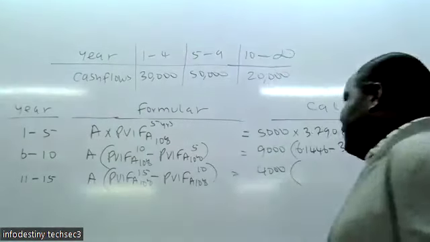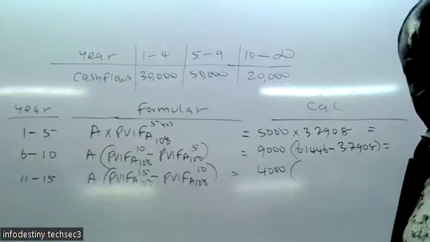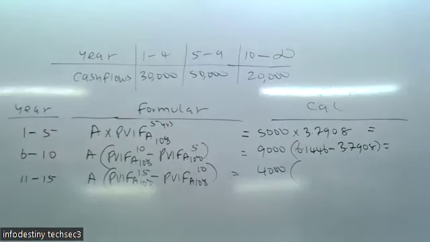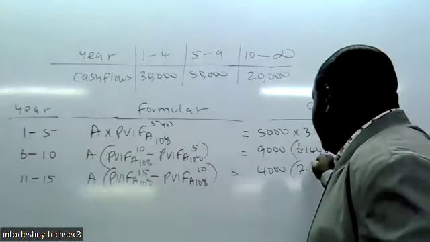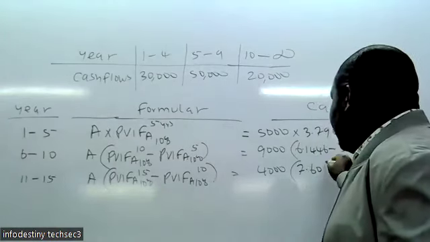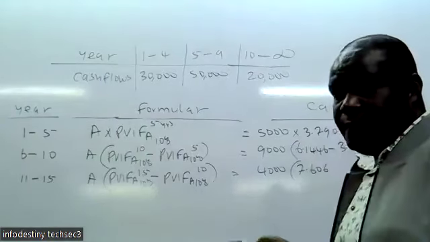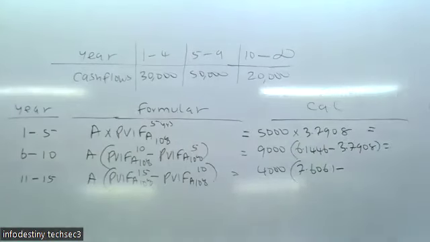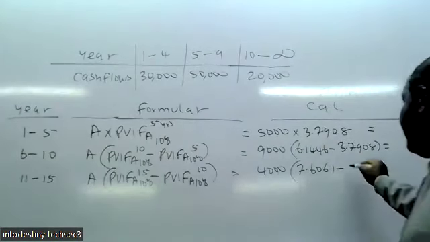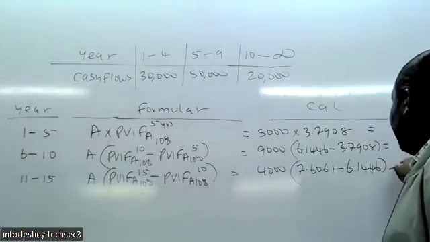So 10% in year 15 is 7.606. The one for year 10, you already have it, 6.1446.